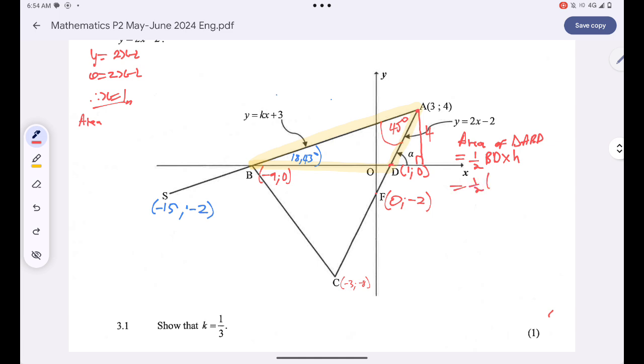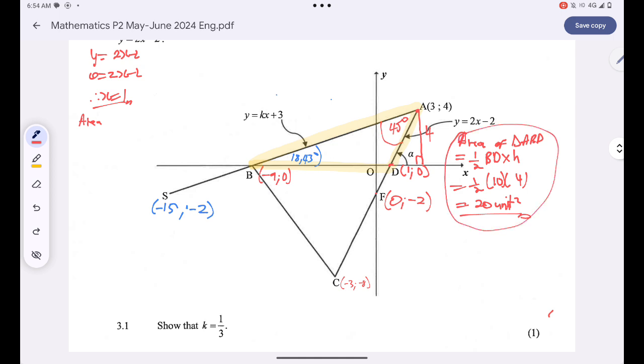So that's 1/2 multiplied by 10 multiplied by 4, that's basically 20 units squared. Are you together? So the area of triangle ABD is 20 units squared.